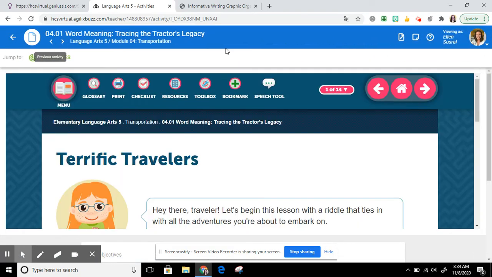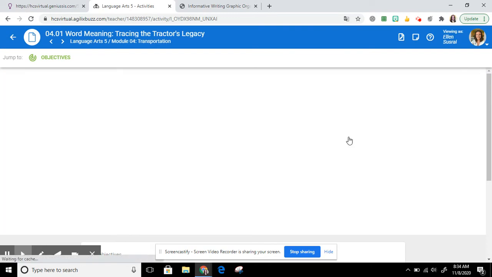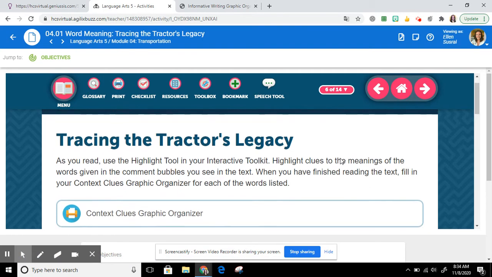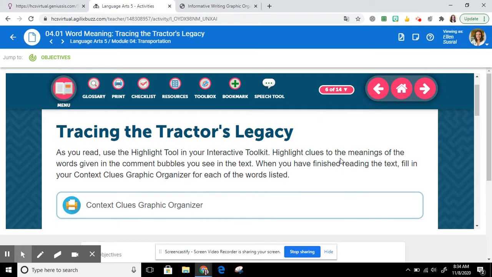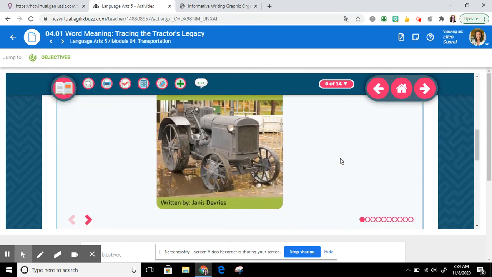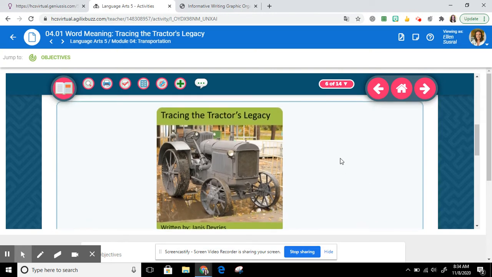Once you get back into this lesson, 0401, we're looking for the story Tracing the Tractor's Legacy, and that story is on page 6. Now, you should have already read this story as you were doing this lesson, 0401, but it might be a good idea to go back and reread the story as you're working on this graphic organizer. The story is towards the bottom or towards the middle of this page.